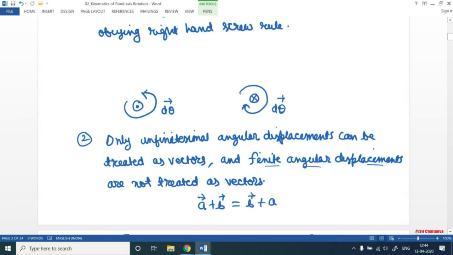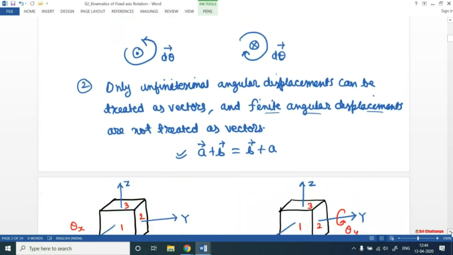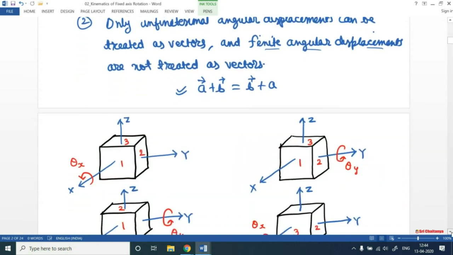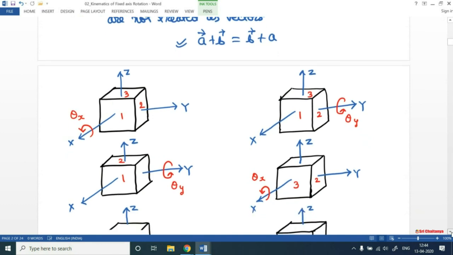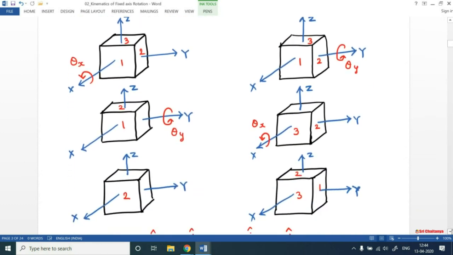And if this law is not obeyed, that cannot be a vector. So let's look at an illustration proving this. That would be a self-justified illustration. I have chosen the diagram already for you. So now look in this diagram. Let's say here we have a cube, and these are x, y, and z axis, and this cube has several names on its face.